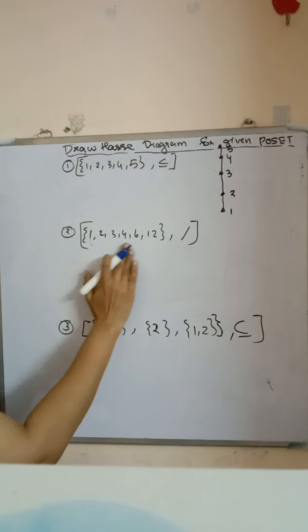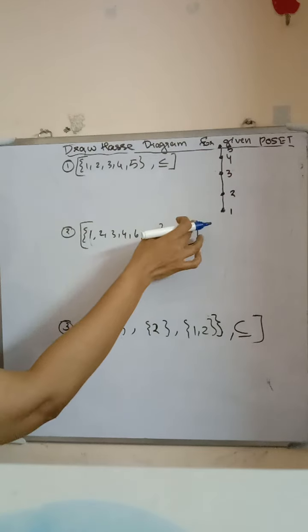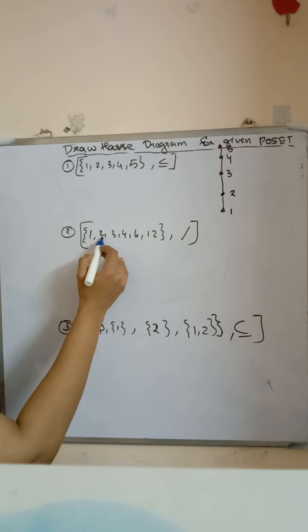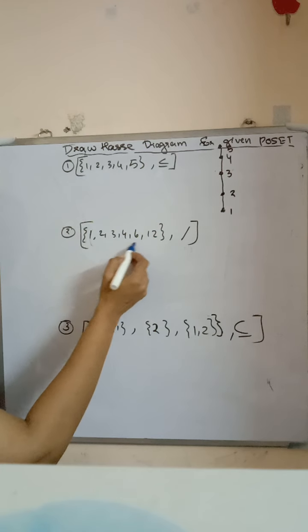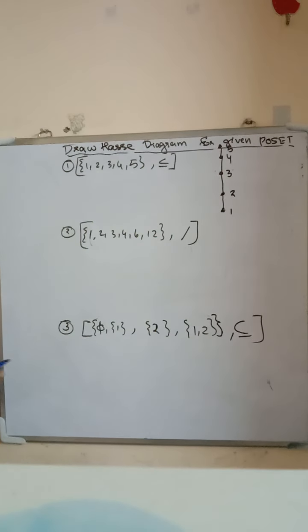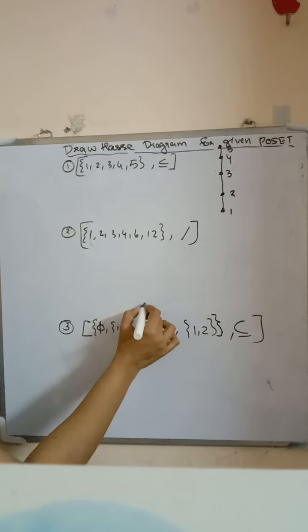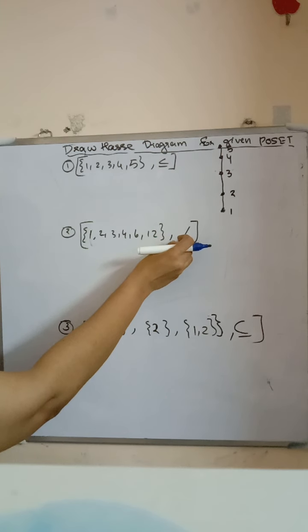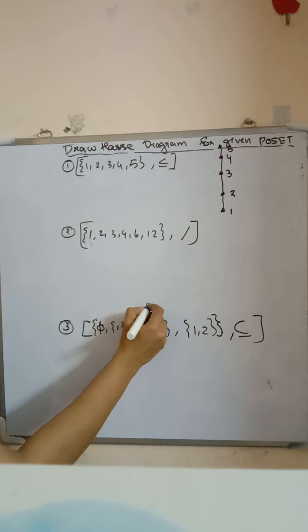Next, the set 1, 2, 3, 4, 6, 12 together with divides. 1 divides 2, 2 divides 4, 3 divides 6 and 6 divides 12 in the set. Now we show this poset by a Hasse diagram. Here the relation is divisibility.